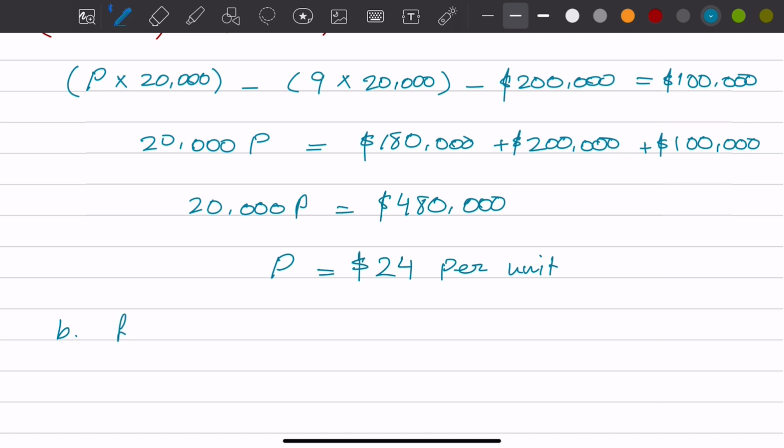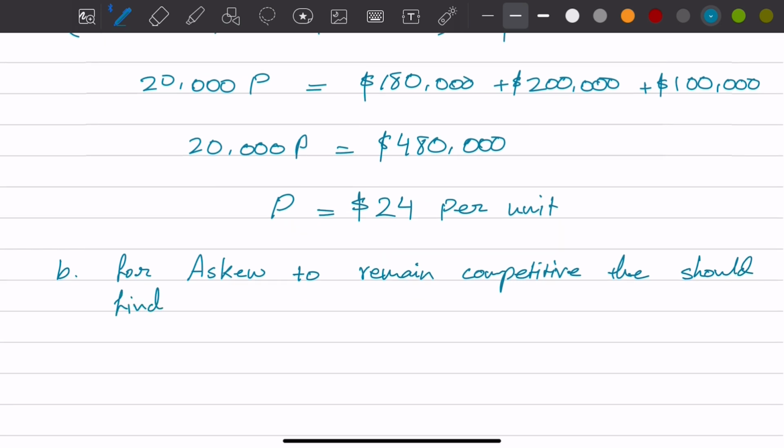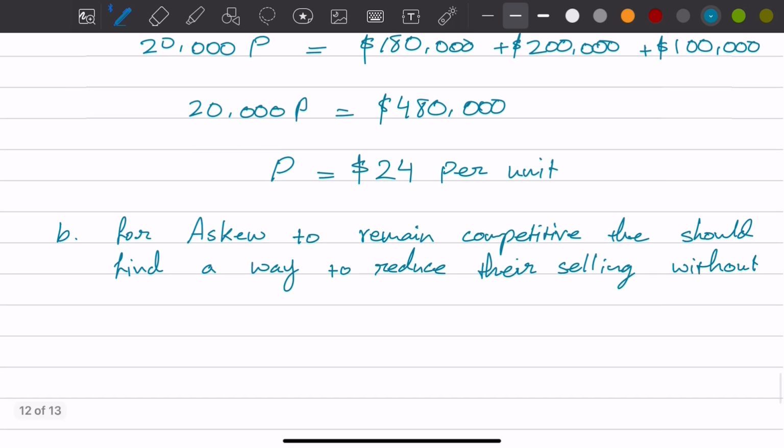We could say, for ASCQ to remain competitive, they should find a way to reduce their selling price without reducing their contribution margin per unit.